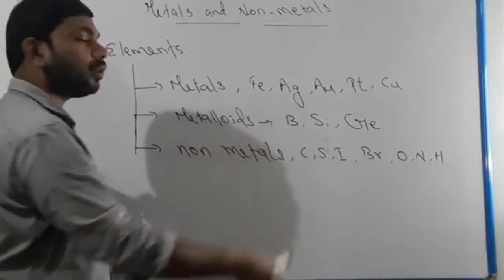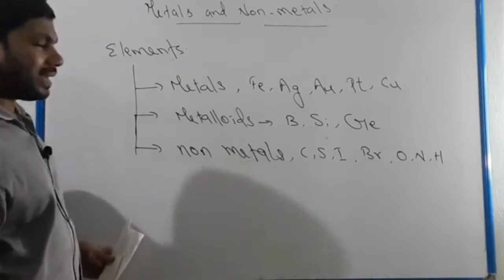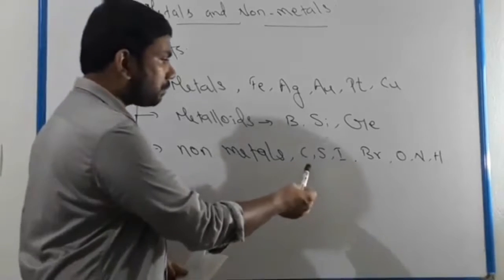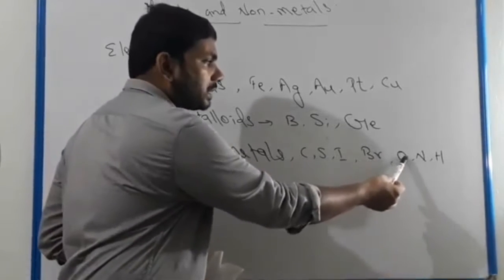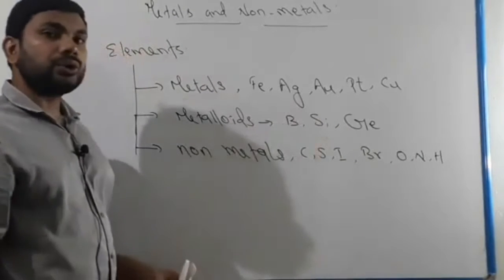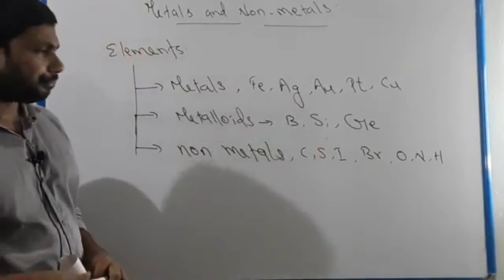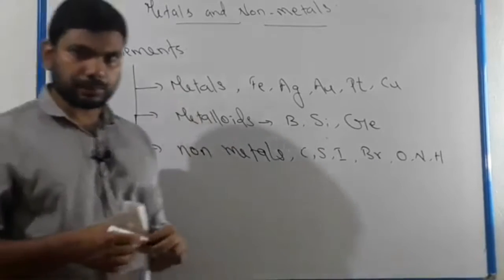And examples for non-metals: carbon, sulfur, iodine, bromine, oxygen, nitrogen, hydrogen. So these are the major classifications of elements.